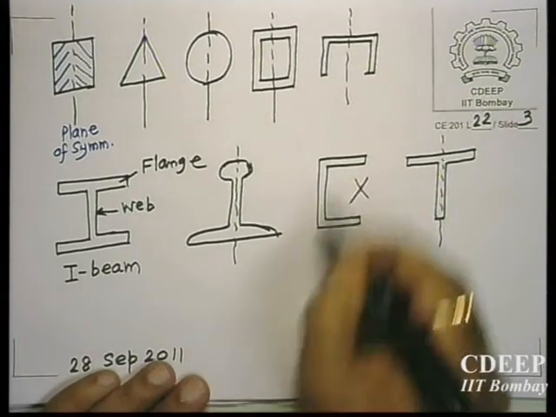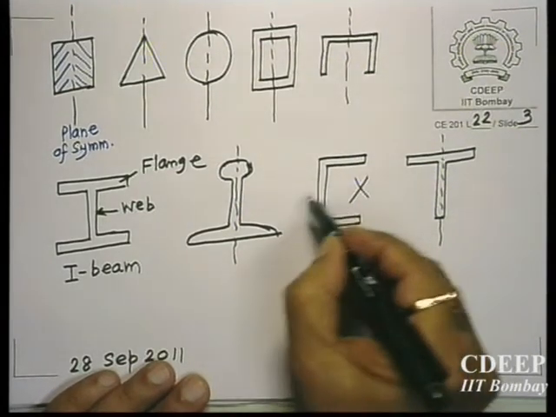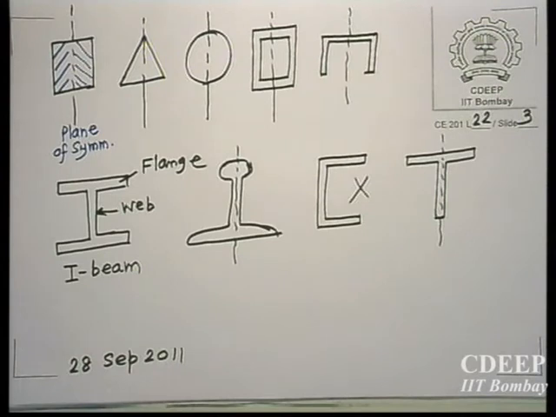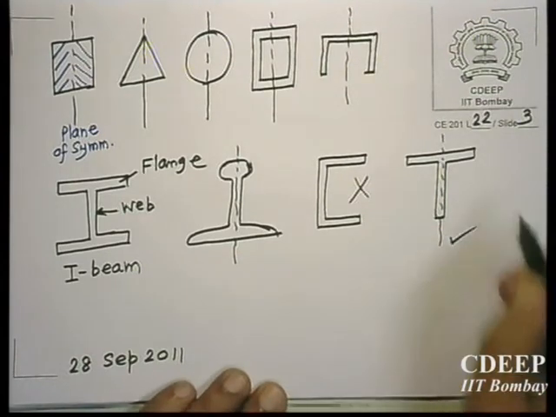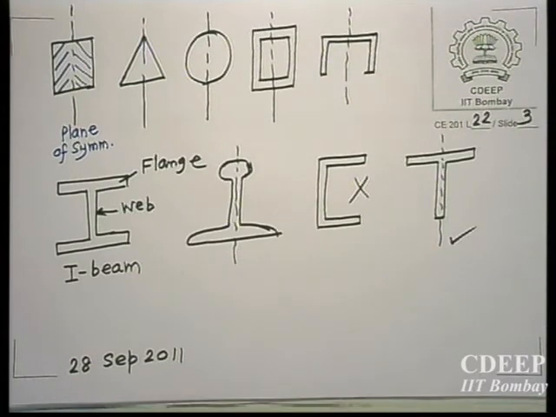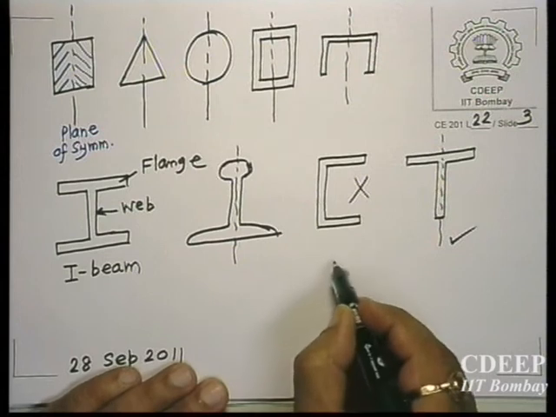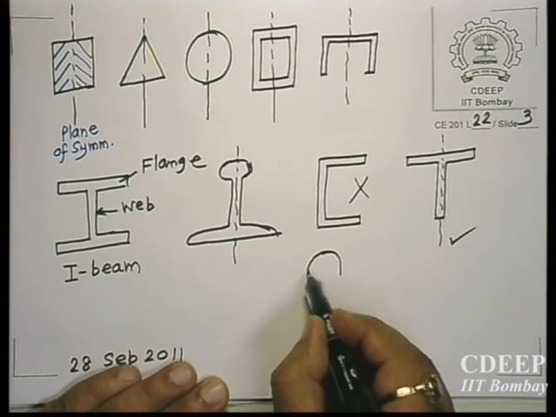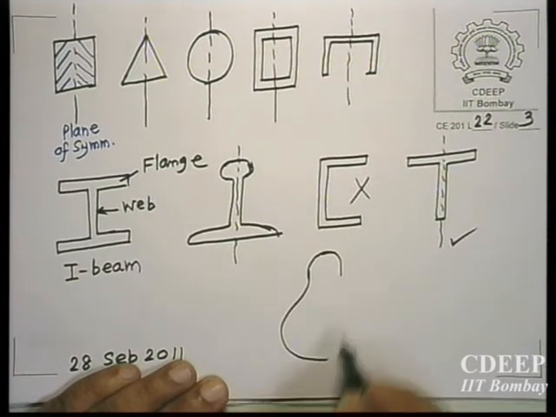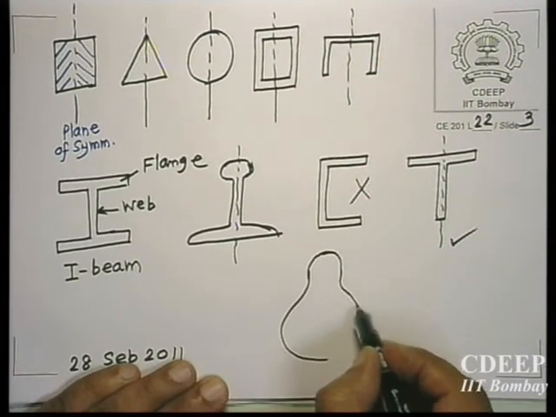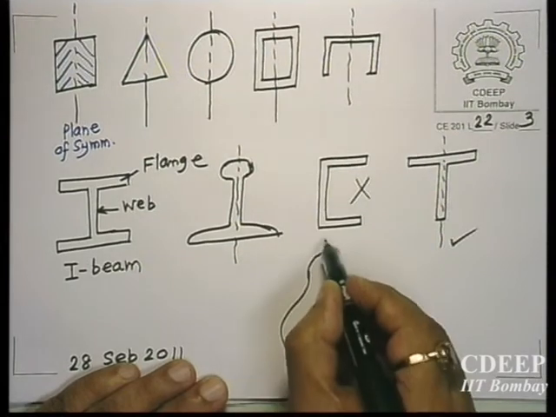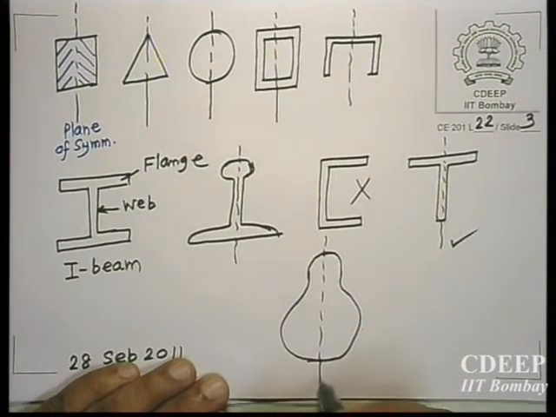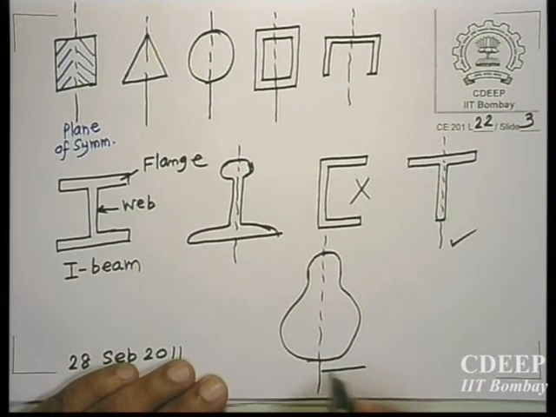This doesn't have a plane of symmetry. It has a plane of symmetry, but about the horizontal axis, so I cannot apply load in that plane. So all these are possible. So we are talking of bending of beams which have a vertical plane of symmetry. So I will draw a dumbbell shaped cross section. We are talking of any cross section which has this vertical plane of symmetry.